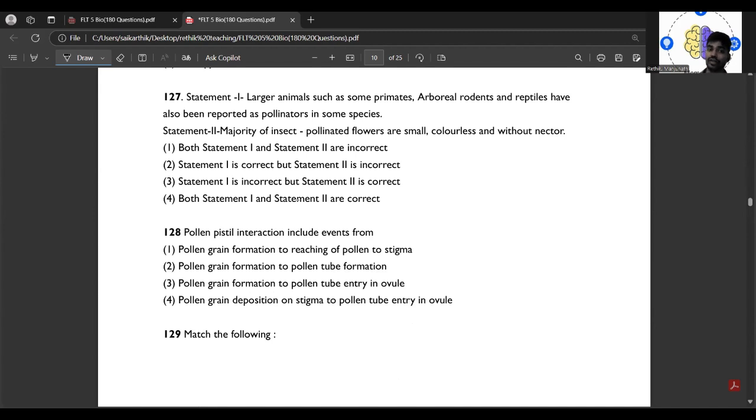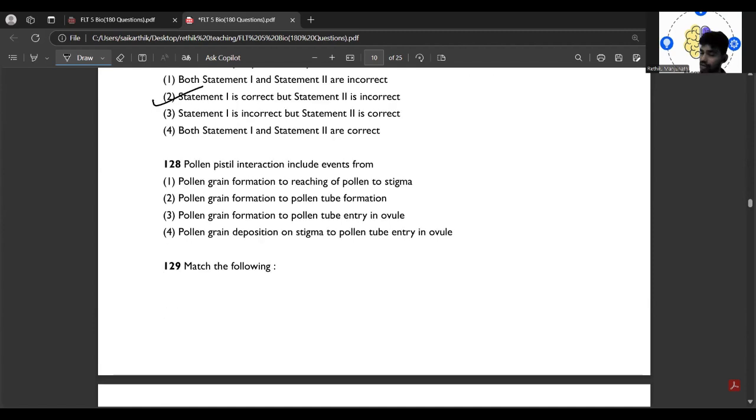So here in 127, statement two is incorrect, right? Statement one is correct, but statement two is incorrect, because if they are colorless and nectar is not there, then the insects will not help in pollination.